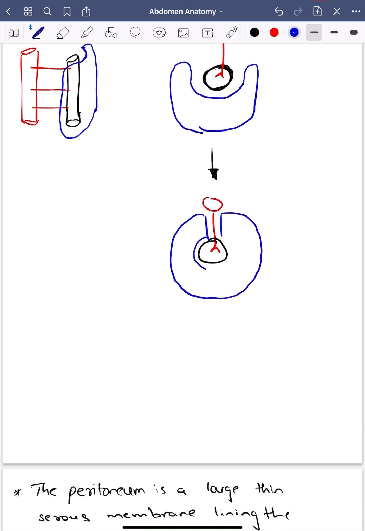So we see that the organ is entirely pushed in and covered by the peritoneum except at the place where the blood vessels come to supply the organ.